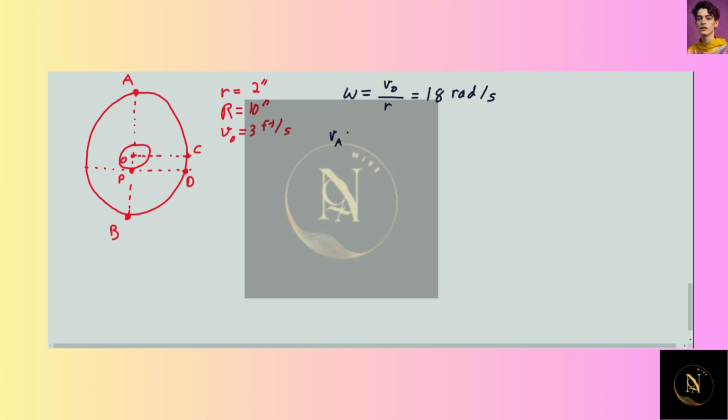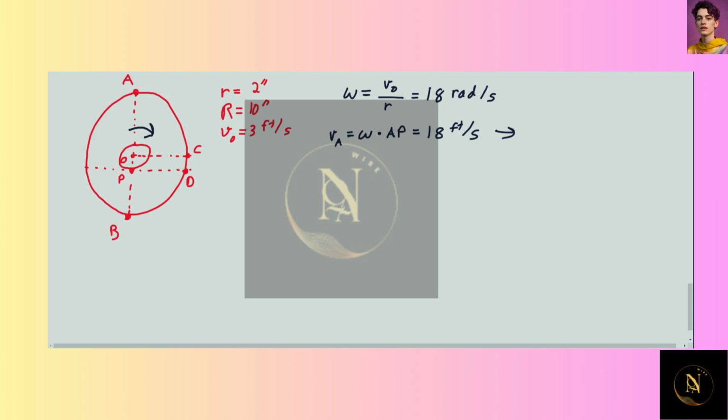The velocity at point A will just equal that angular velocity crossed with the radius, the distance between point A and point P, which would just be the 10 inches plus the 2 inches, or an entire foot, times 18 radians per second, would give us a speed of 18 feet per second, and this would be to the right based on our rotation, that this would have to be going in a clockwise direction.